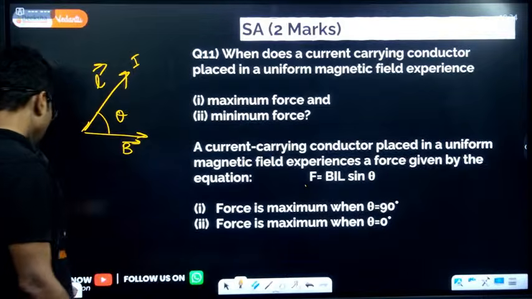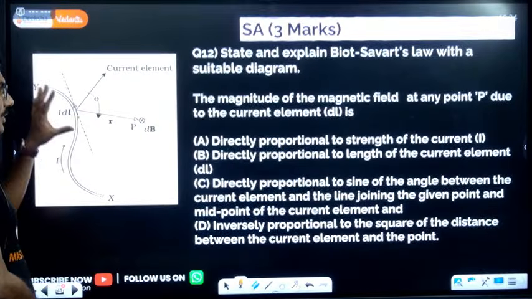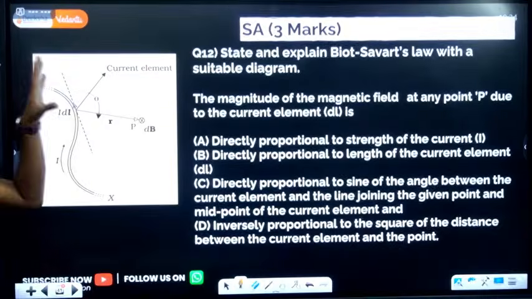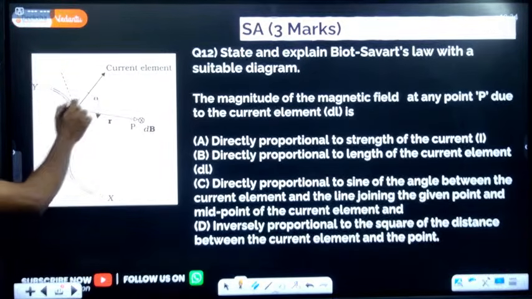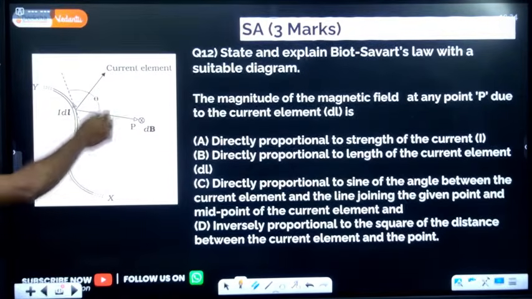Now next, state and explain Biot-Savart's law. If this question is coming, you have to draw the diagram and explain it. In the diagram you have to show the point where you are measuring the magnetic field, and everything has to be pointed properly.